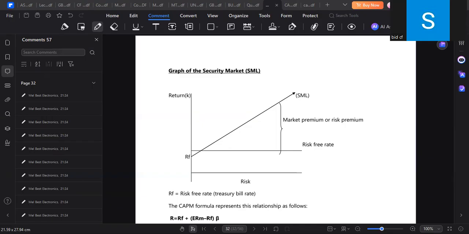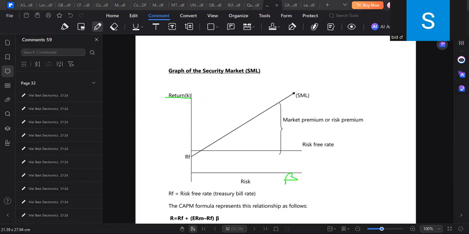And what is beta in simple terms? It's the risk level. So it answers the question: what return should an investor expect for a given level of risk? On the graph, the horizontal x-axis typifies the beta, and the return is on the y-axis.